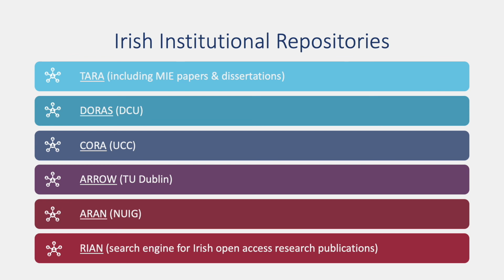We have one for Marino. It's held in Tara, which is the repository of Trinity College Dublin. You can also find dissertations in Tara, which you may want to read as you start your own. There's lots of other repositories there, including DCU and Mary Immaculate, both big education colleges, and Rian, which is a search engine specifically for open access repositories in Ireland.